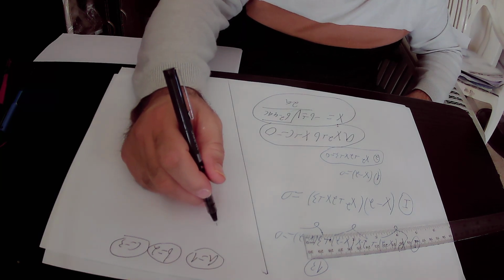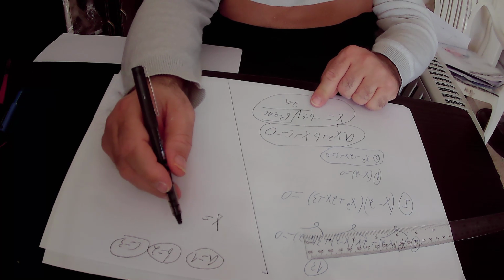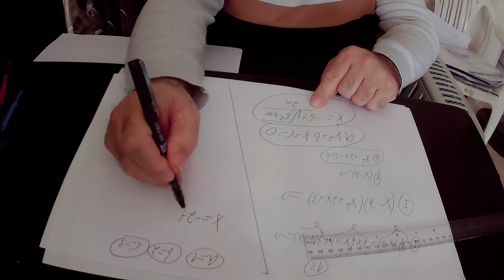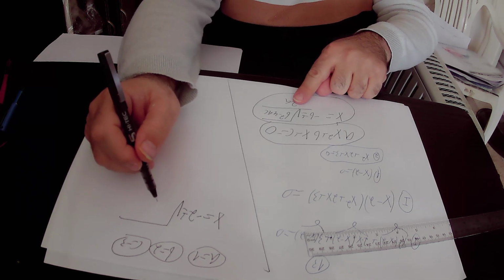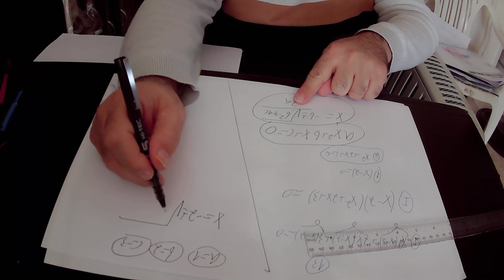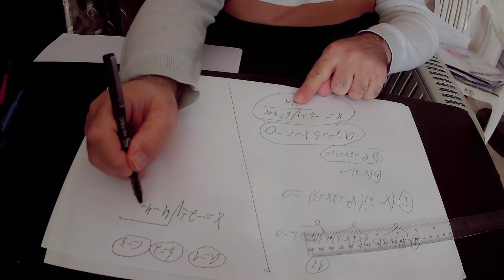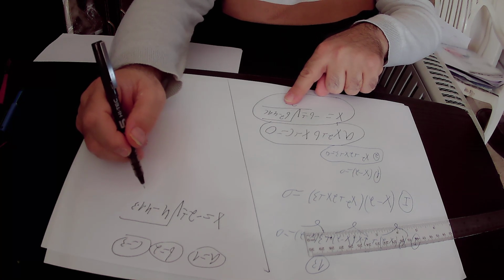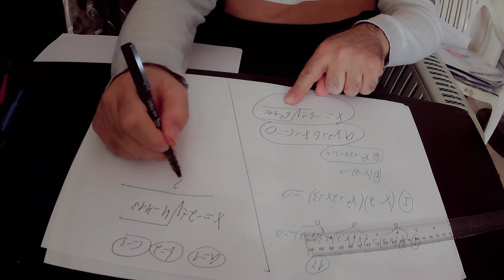So x equals minus b, and if b equals 2, minus b is minus 2, plus minus square root of b squared, 2 squared is 4, minus 4 times a, which is 1, times c, which is 3, over 2a. 2 times a is 1, so 2 times 1 is 2.